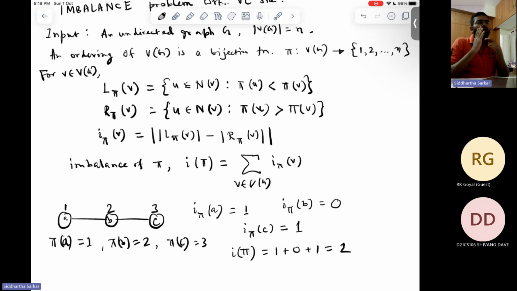We want to find an ordering of these vertices, labeling the vertices from 1 to n given an n-vertex graph, such that the total imbalance of that ordering is minimized. Do you immediately see that two different orderings, two different bijective functions labeling the vertices, may lead to two different imbalances?